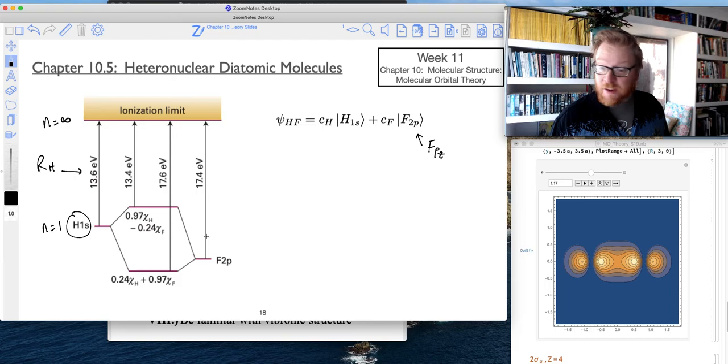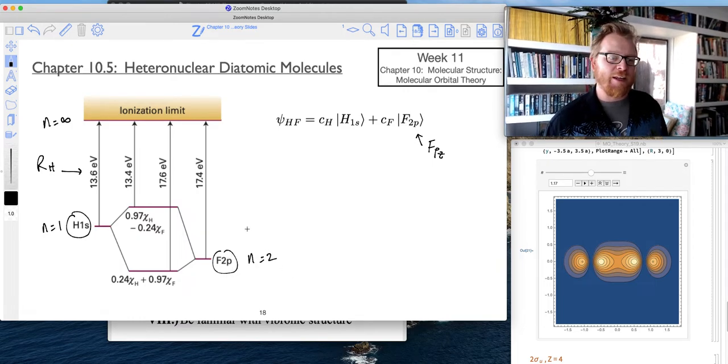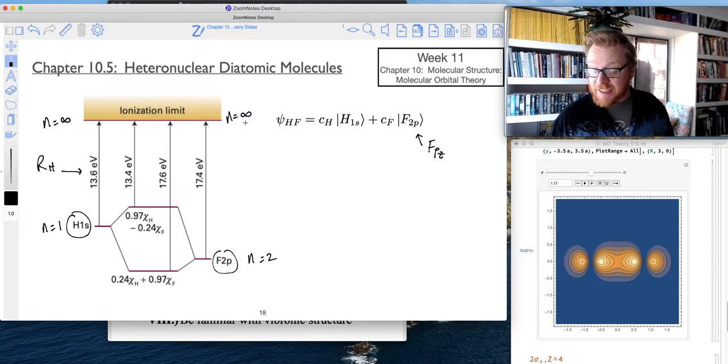And we could do the same thing for fluorine. Down here, this level would be describing the fluorine atomic orbital, not quite n equals 1, because this is the fluorine valence shell, so we'll say n equals 2. But this is still the same reference situation as for hydrogen, the ionization limit.